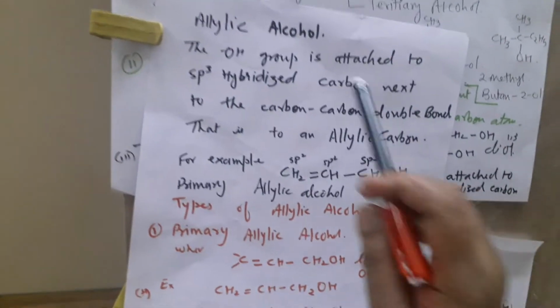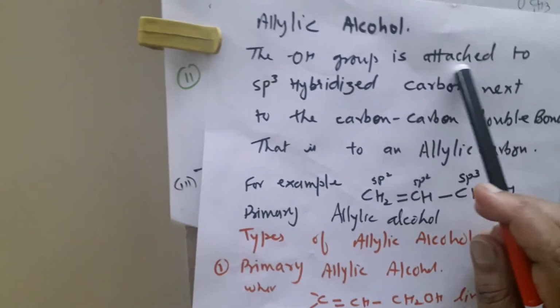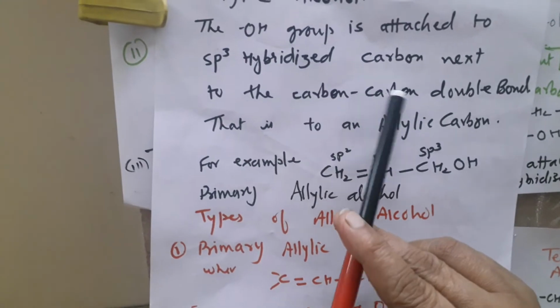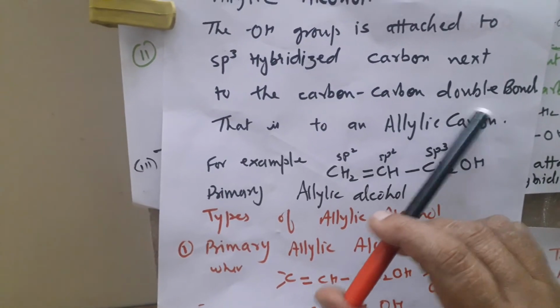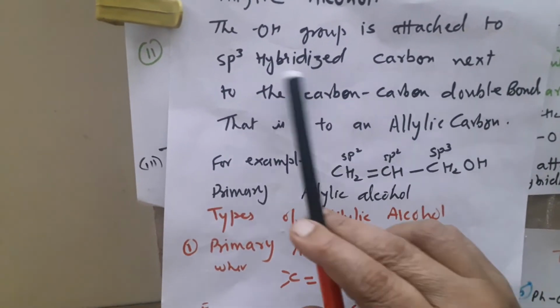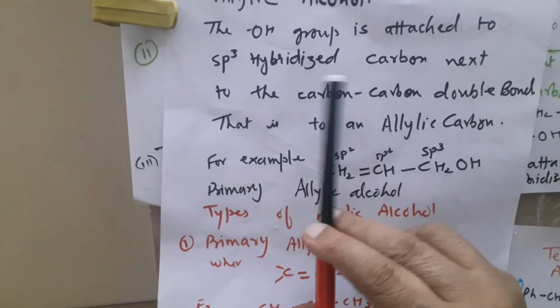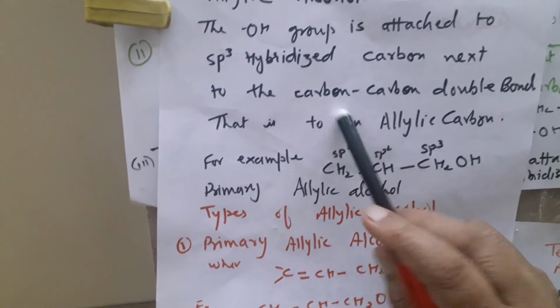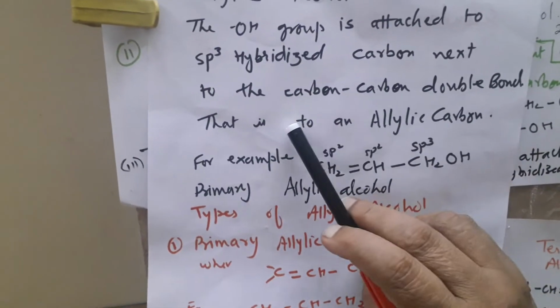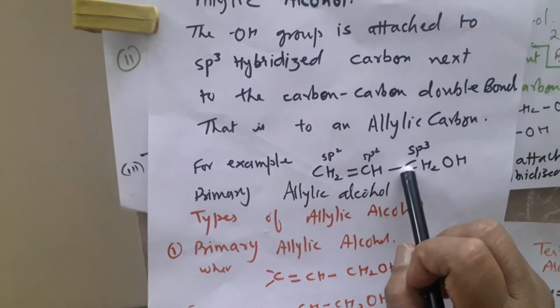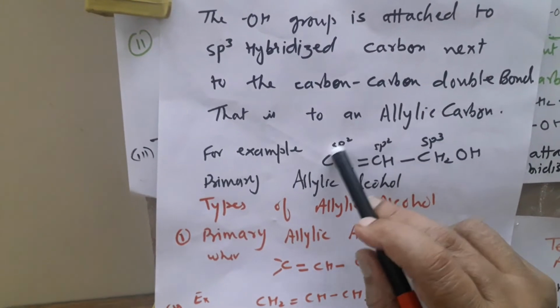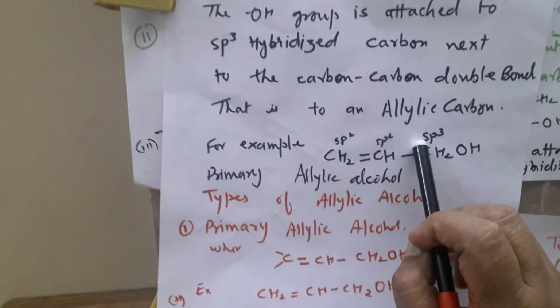Now I'll discuss this. Allylic alcohol: the OH group is attached to an sp3 hybridized carbon next to the carbon with the double bond, and that is an allylic carbon. Remember it, sp3. This carbon is the allylic carbon, and this whole grouping is called allylic grouping.